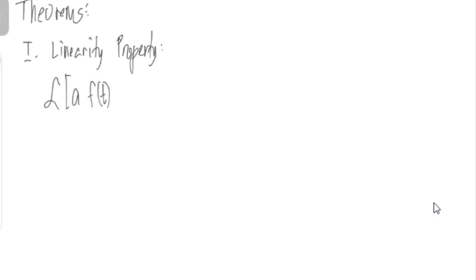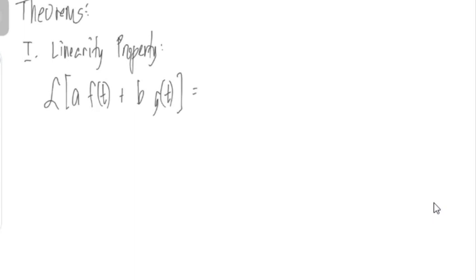So, let's set the following theorems. The first theorem is known as linearity property. Under the linearity property, the Laplace transform of A times a function of t, plus b times another function of t, where A and b are constants, pwede yung paghiwalayin, no?